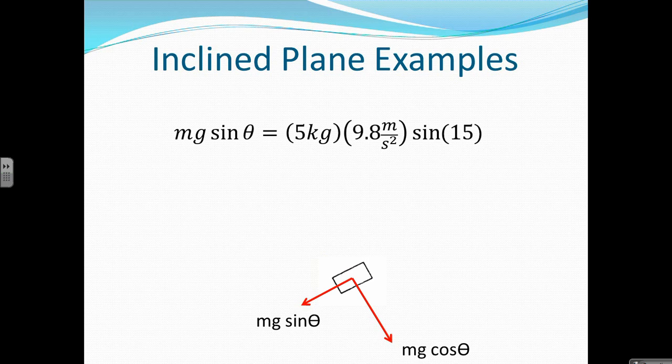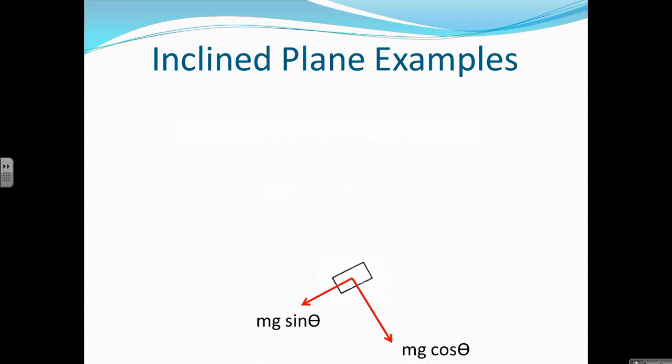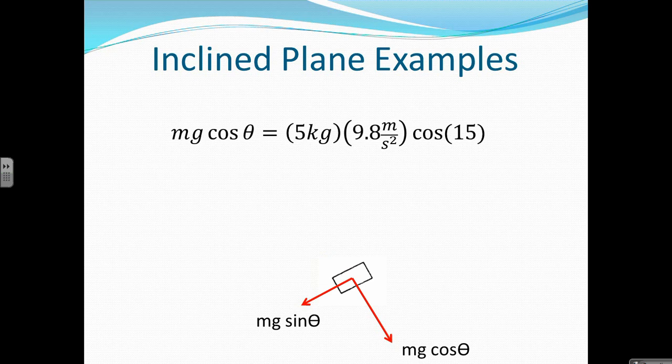Looking at the parallel aspect of it, this is what's trying to make you slide down the hill. We have a 5 kilogram mass times 9.81 meters per second squared. That's our force of gravity, multiplied by sine 15, and that gives us a force parallel to the incline of 12.7 newtons. If you're looking at perpendicular to the incline, here we want to use the cosine.